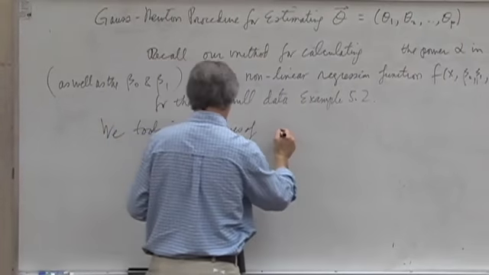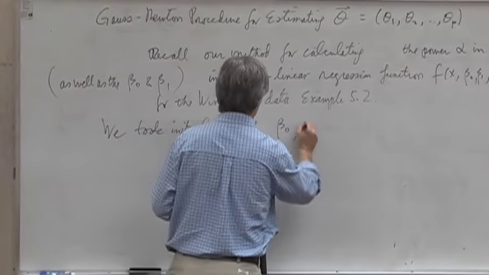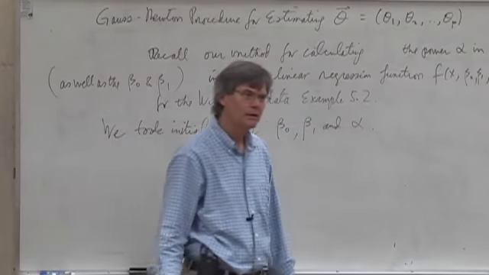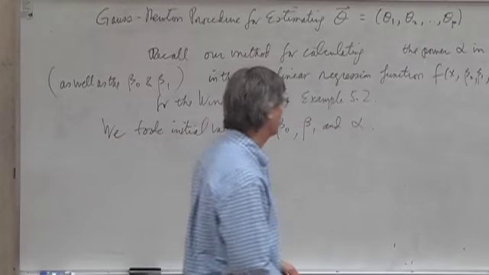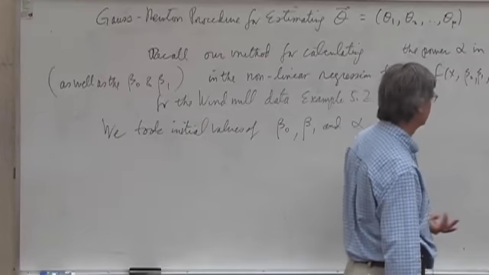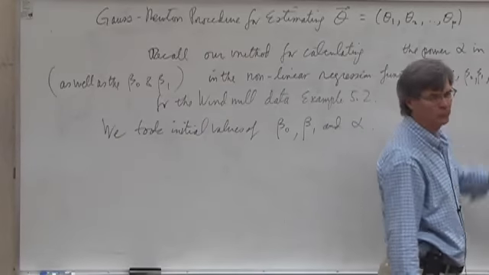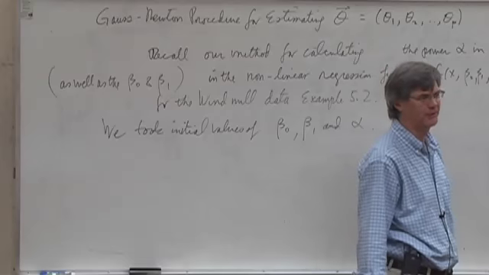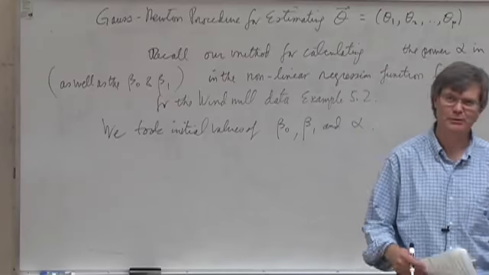And that's going to be a little bit different in every problem. How are you going to get the initial values? In this example, I'll just pretend alpha equals 1 to start with the simple linear regression, and then find the betas. But in general, you might have a little bit different method.